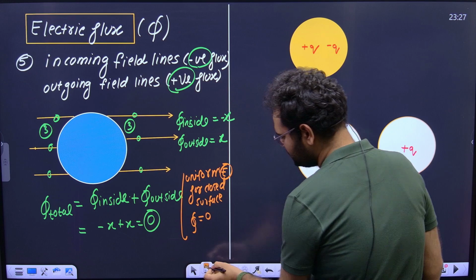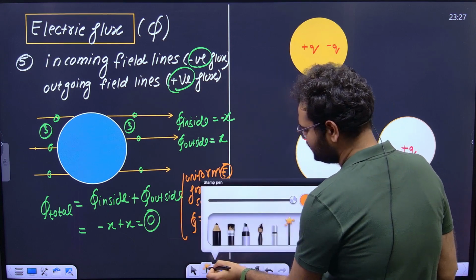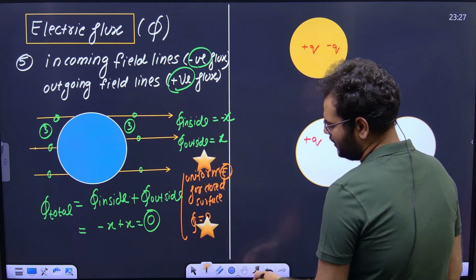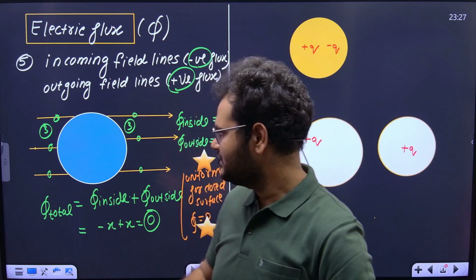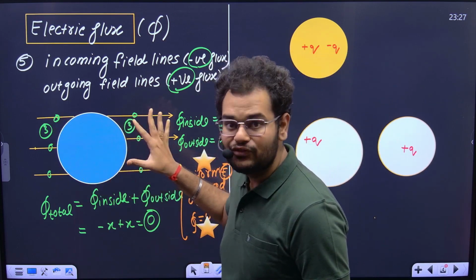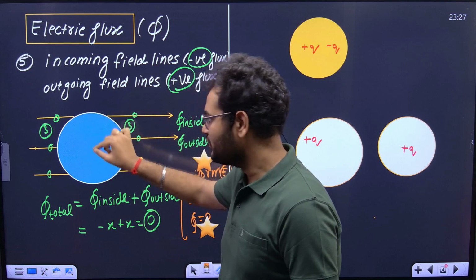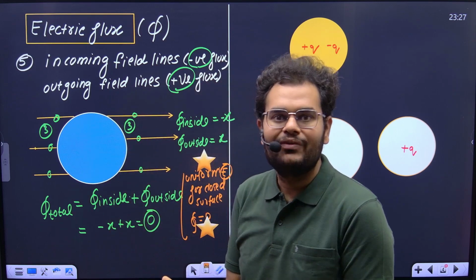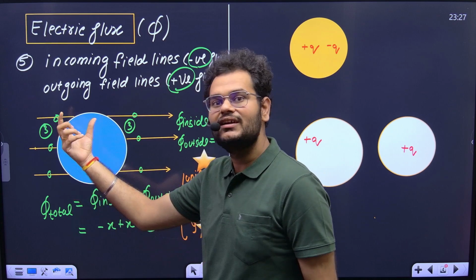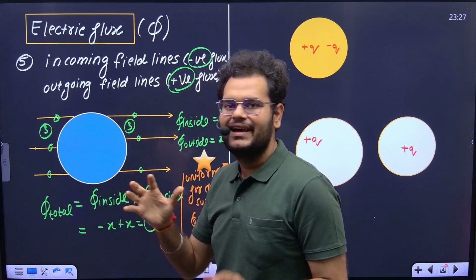Always remember this, because this can be asked as an MCQ in the exam. Are you getting it? Uniform electric field means the same in magnitude and direction. So this is a closed surface, a solid sphere is a closed surface. So what is the flux? It is 0, because the number of field lines coming in and going out are the same.